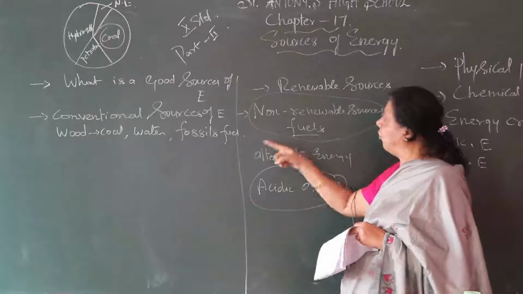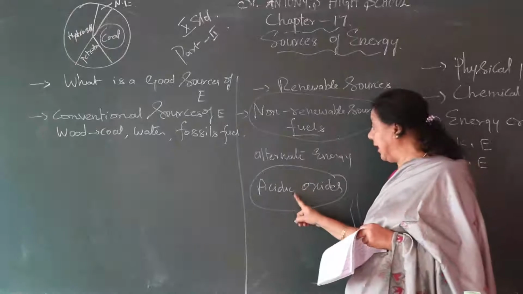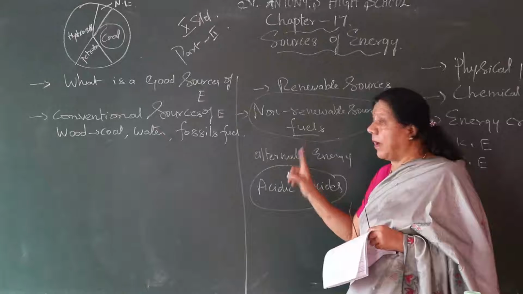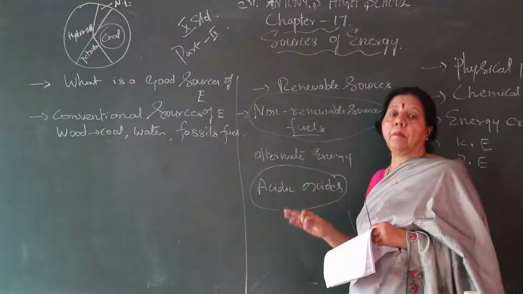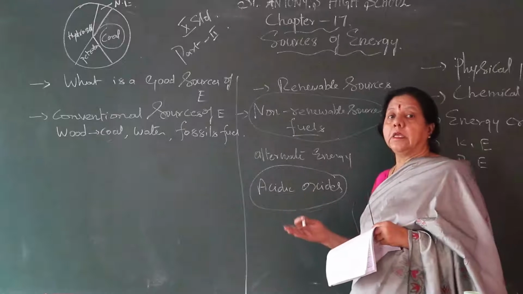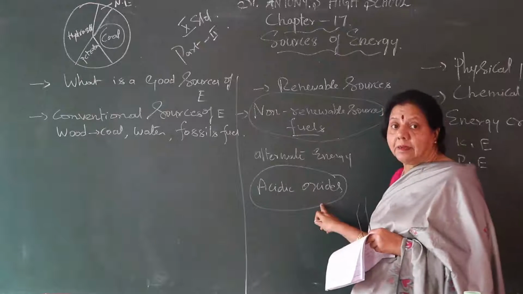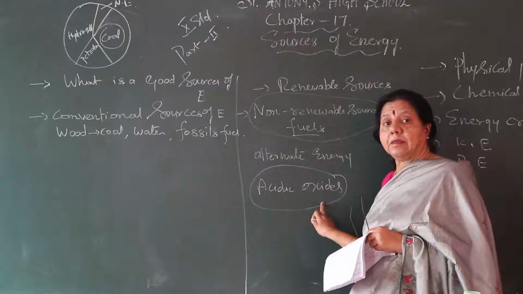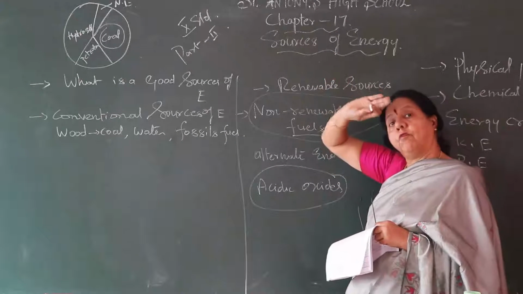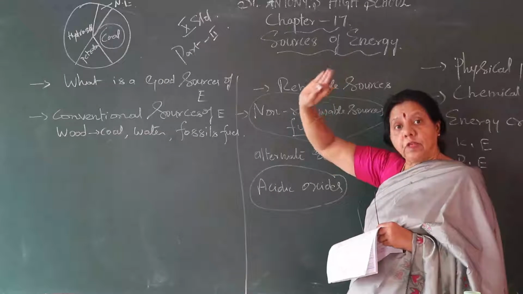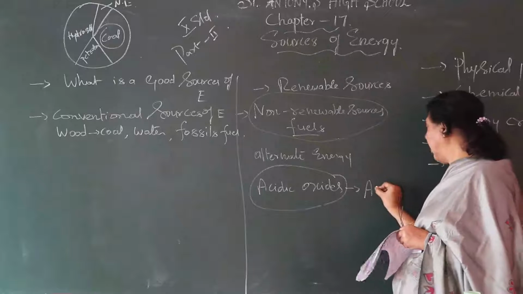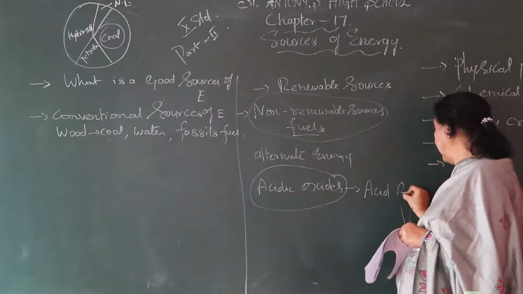These fossil fuels produce acidic oxides; gases like carbon and sulfur are released when they burn coal, petroleum and diesel. These acidic oxides go to the sky and form clouds. So out of the clouds we get acid rain. What shall we get? Acid rain.